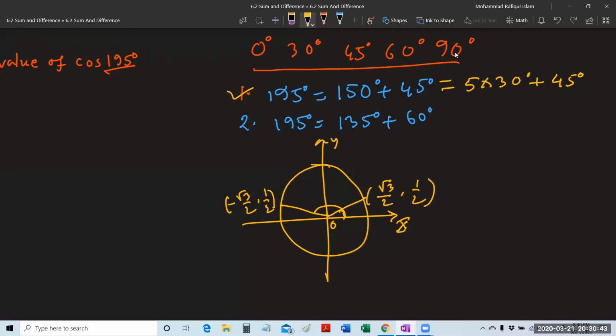And 45 degrees is here, and the coordinate for 45 degrees is root 2 over 2 comma root 2 over 2.